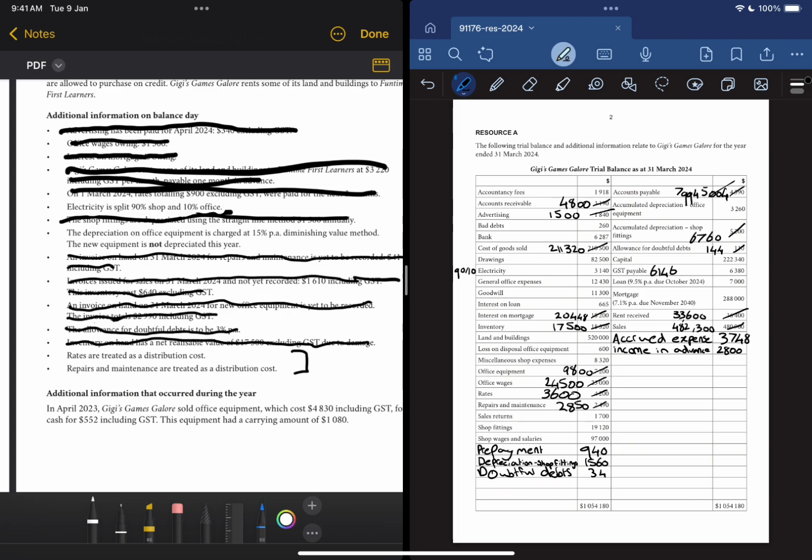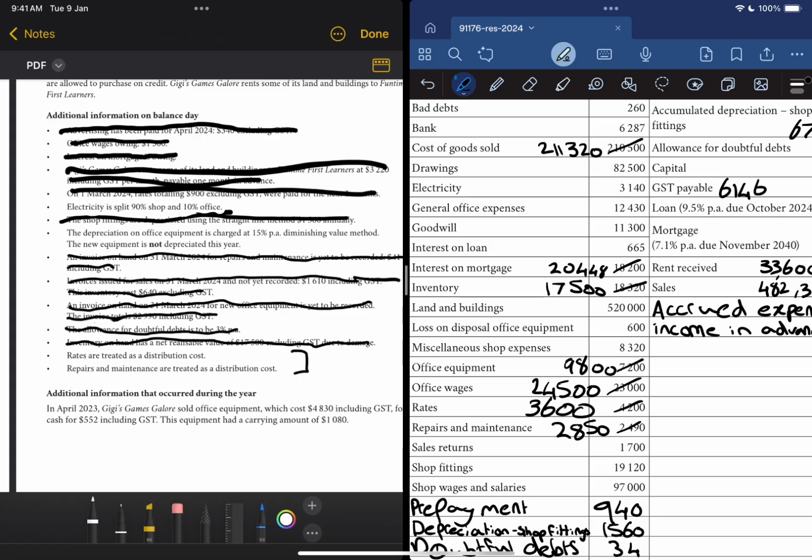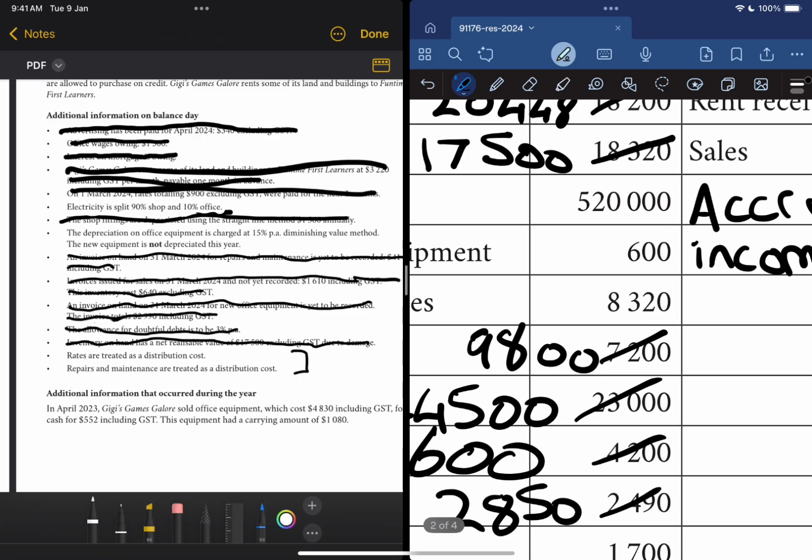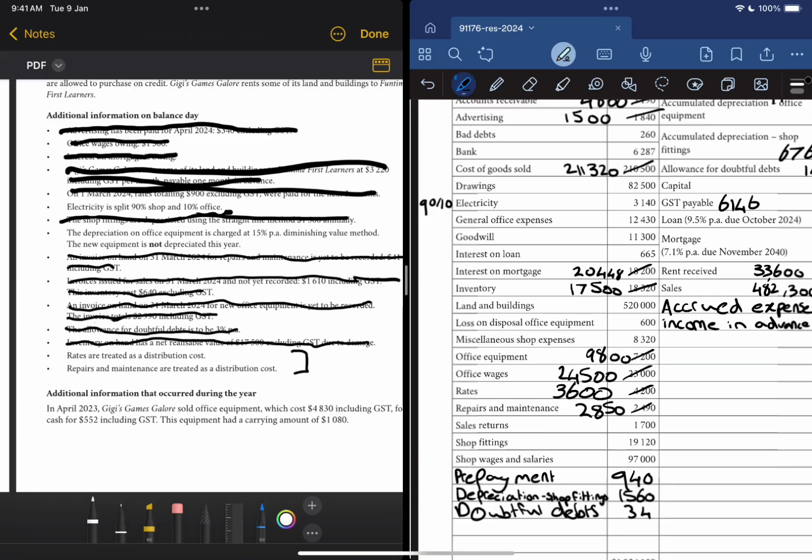Yeah, so for this question here, it looks quite confusing, but it's still reasonably straightforward, guys. So for depreciation on office equipment, it's charged at 15% per annum diminishing value method, and the new equipment is not depreciated this year. So immediately now that we know that, we can just forget about the figure of 9,800 over here on the left and only worry about 7,200 over here on the right.